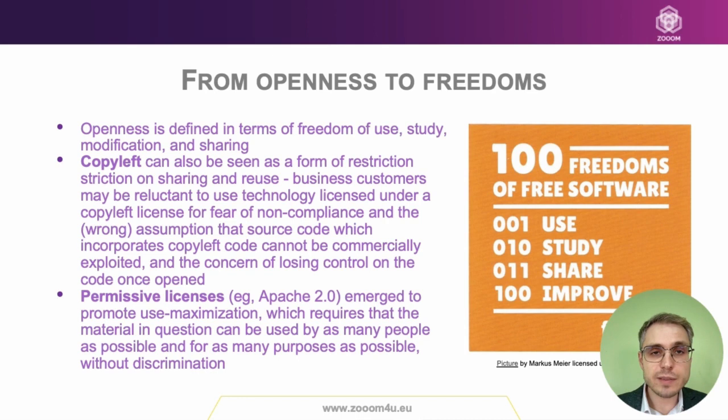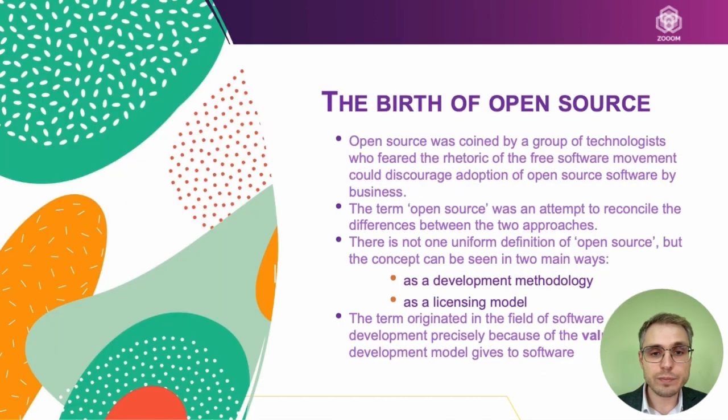In contrast, permissive licenses, such as the Apache 2.0, emerged to promote use maximization, which requires that the material in question can be used by as many people as possible and for as many purposes as possible without any discrimination whatsoever.